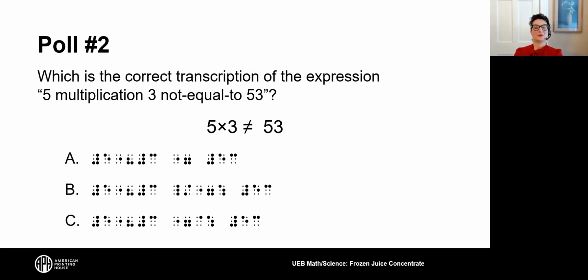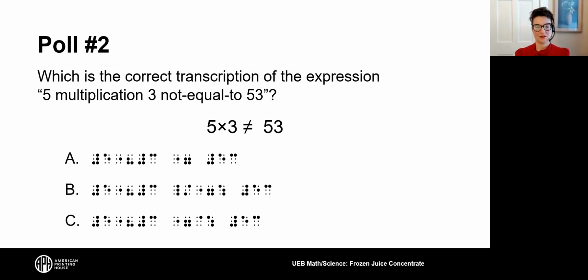No. Here's what we can do: I'll tell you the place where these three options are different is in the symbol of comparison. Option A shows dot 5, dots 2, 3, 5, 6. Option B shows dots 4, 5, 6, dots 3, 4, dots 5, dots 2, 3, 5, 6, dots 1, 5, 6.